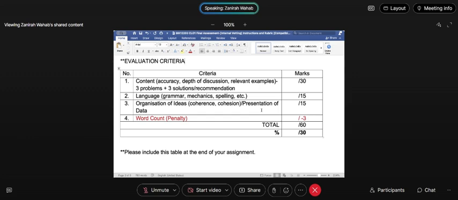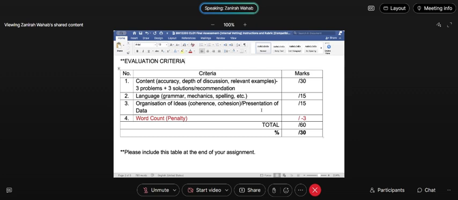I'm not going to limit you on how you can write. It's up to you whether you want to present the three issues or problems first and then the three solutions or recommendations later, or you want to do one problem with one solution, the second problem with its solution, and the third problem with its own solution.